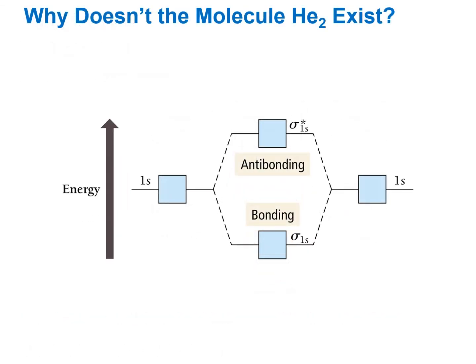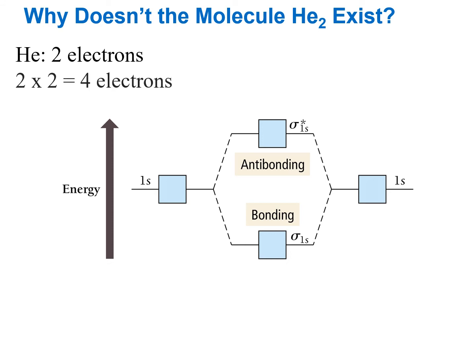So let's see if we can predict the existence of a helium molecule, that is a union between 2 helium atoms. Well, each helium atom is going to bring to the table 2 electrons. And since we have 2 atoms that we're trying to combine, that brings to the table 4 electrons total.